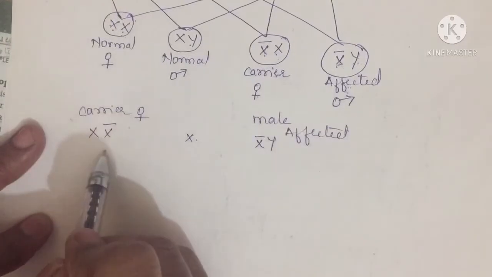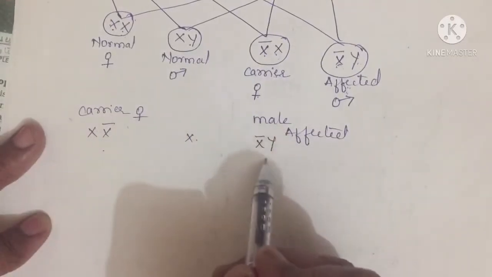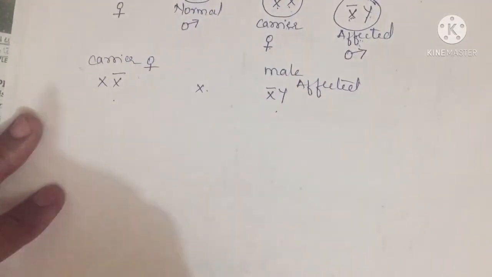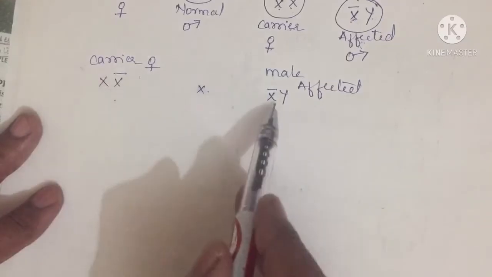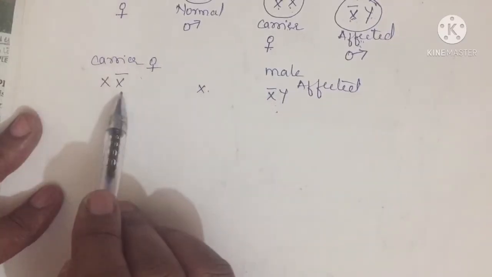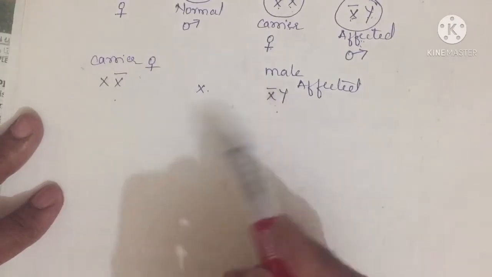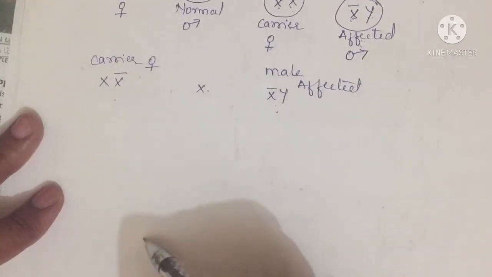When a carrier female marries an affected male, then there are chances that the disease can be transmitted to a female, which means the female can get affected. When the female is a carrier and the male is affected, in that condition the females can get affected.